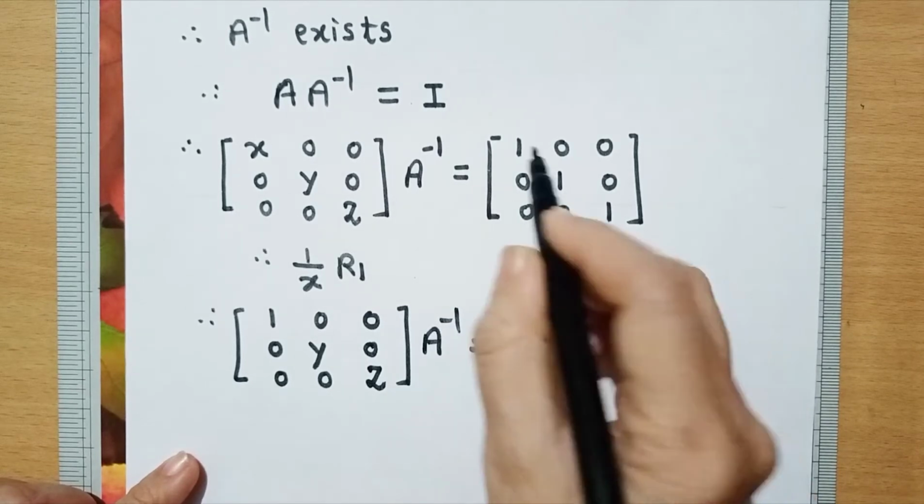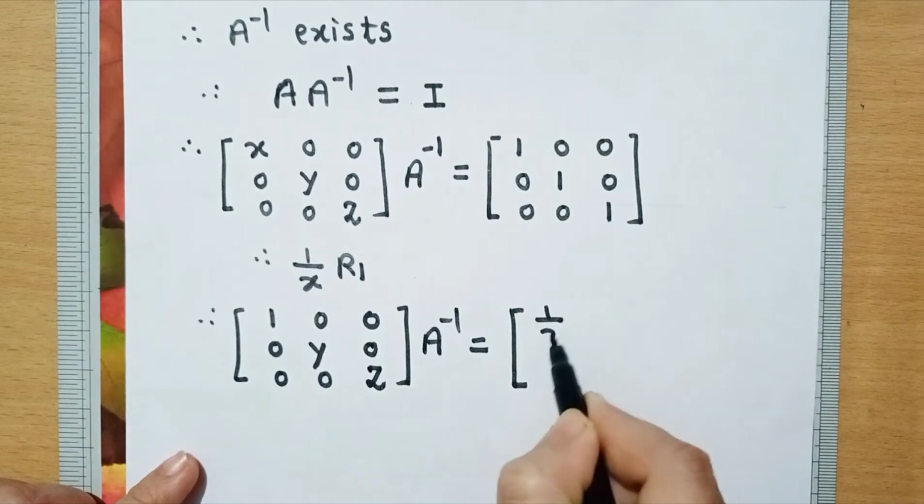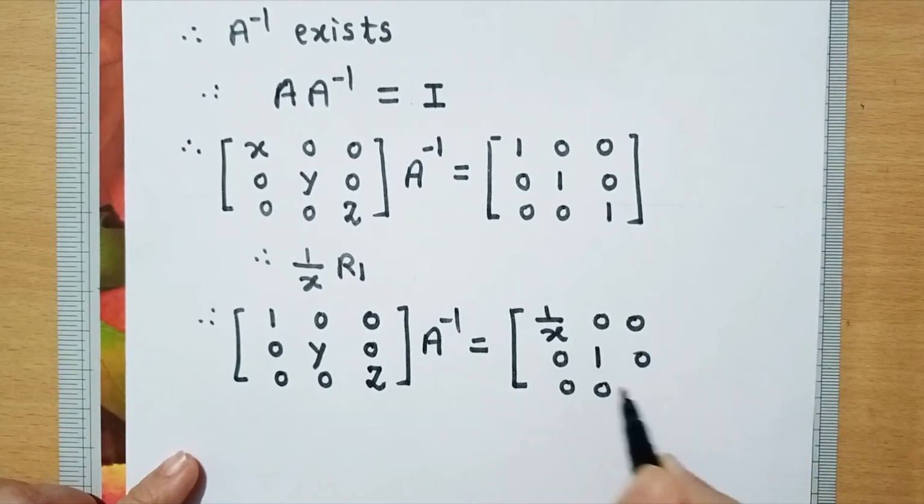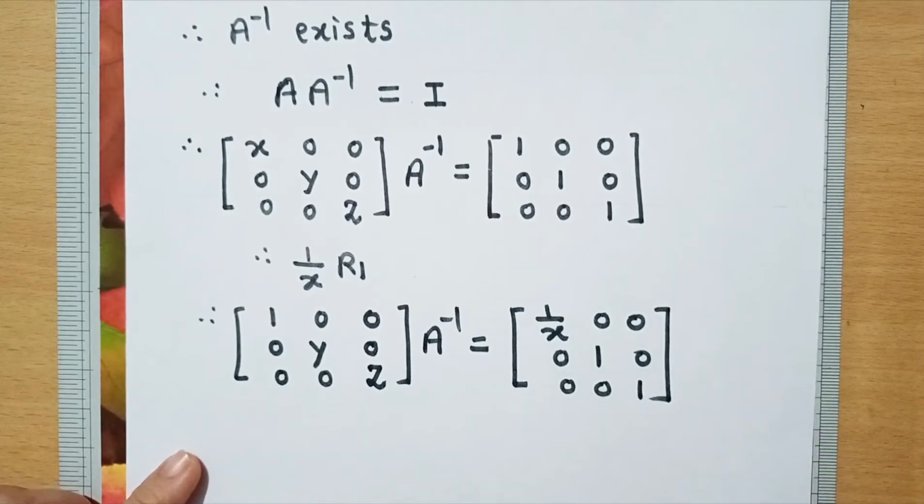Here also we will multiply first row by 1 upon x, and this is as it is.